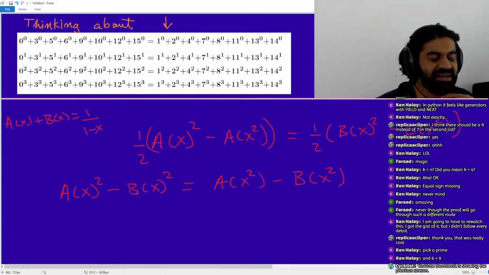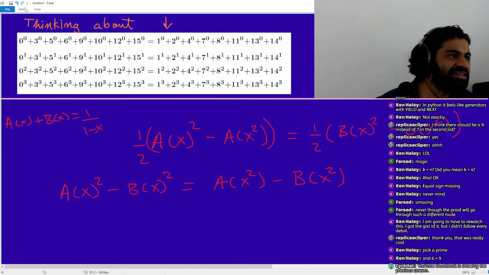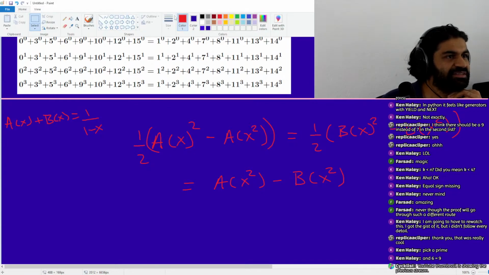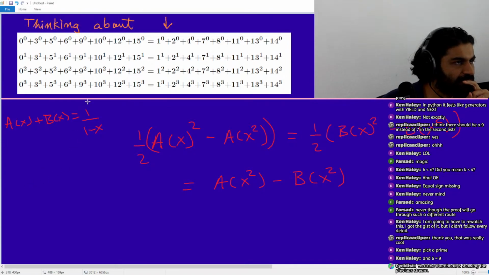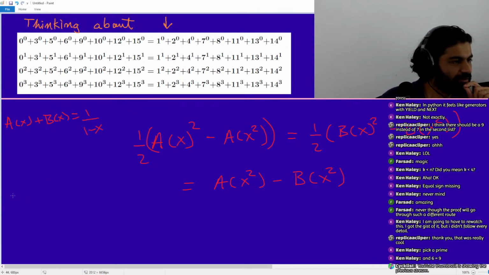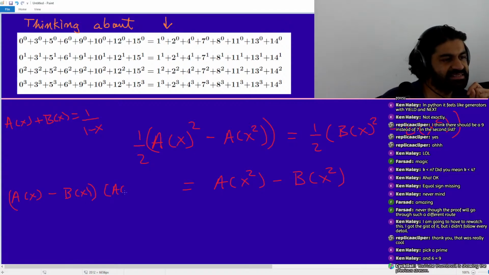But on the left-hand side you can use that factorization. A squared minus B squared is (A plus B)(A minus B). So this is just equal to (A(x) minus B(x)) times (A(x) plus B(x)).